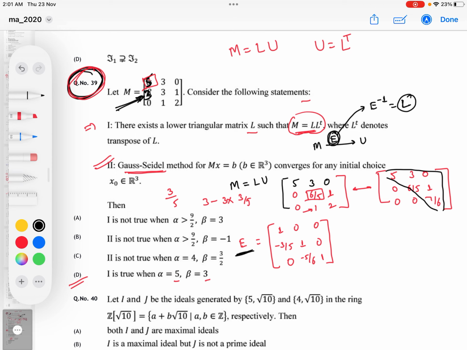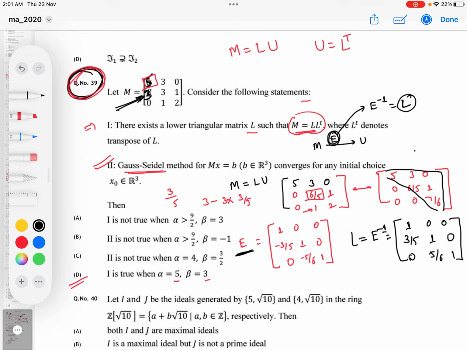Now we have got this E, then how can we find the lower triangular? L is equal to E inverse, and it will be 1 0 0, 3 by 5 1 0, 0 5 by 6 1, right?